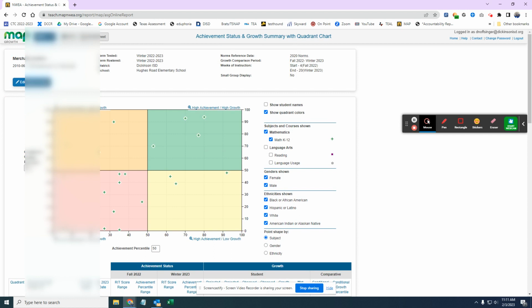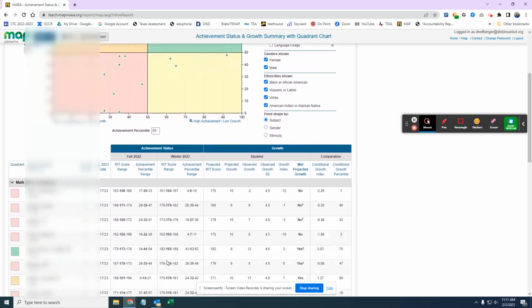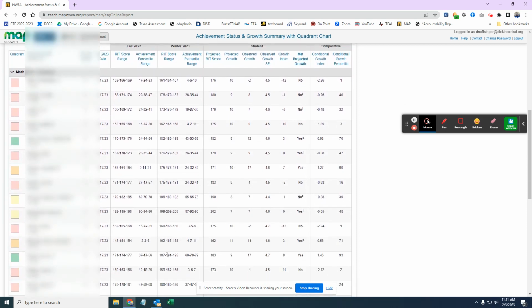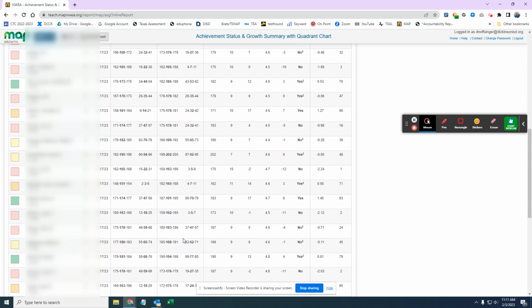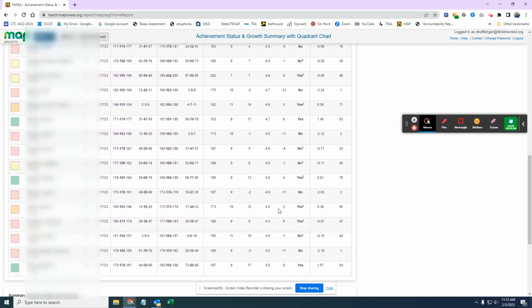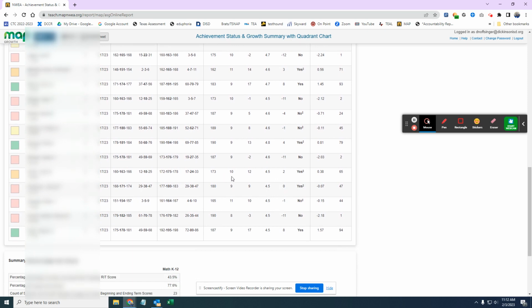Our preferences would go green and then orange, because we want that growth. We want our students to progress. Anybody in a red means that we need to really pay attention to that student. We really need to figure out what's going on with that student. This student has a growth of negative 12 because they should have made 10. They lost 2. Okay, here is a student who should have made 10, gained 12, therefore has a positive 2.